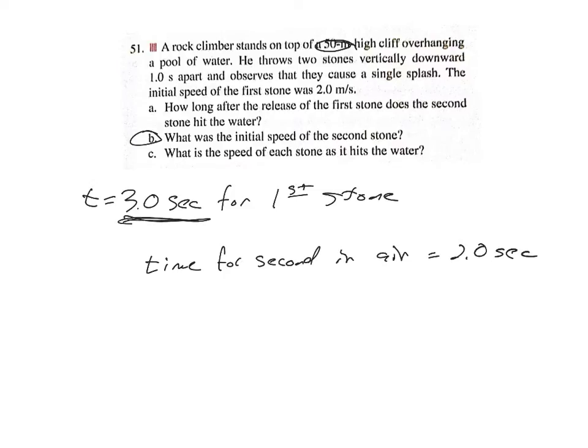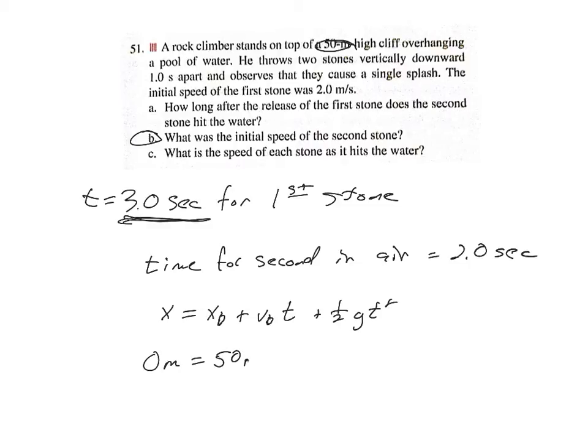I'm going to have to throw it back into the equation with time in it. So x final equals x initial plus v0 t, plus 1/2 g t squared. My final position was 0.